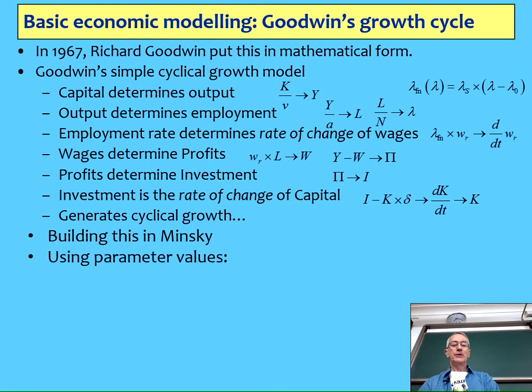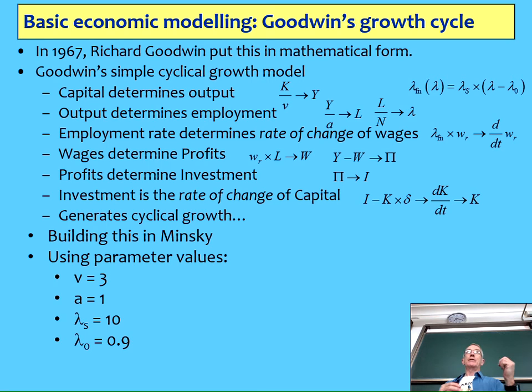So building that in Minsky, I'm going to use the following parameter values. A capital output ratio of 3, a labour productivity ratio of 1, a reaction of workers to the unemployment rate of 10. So for every difference between the stable level of employment and the level which causes wages to rise or fall, the rate of change is 10.